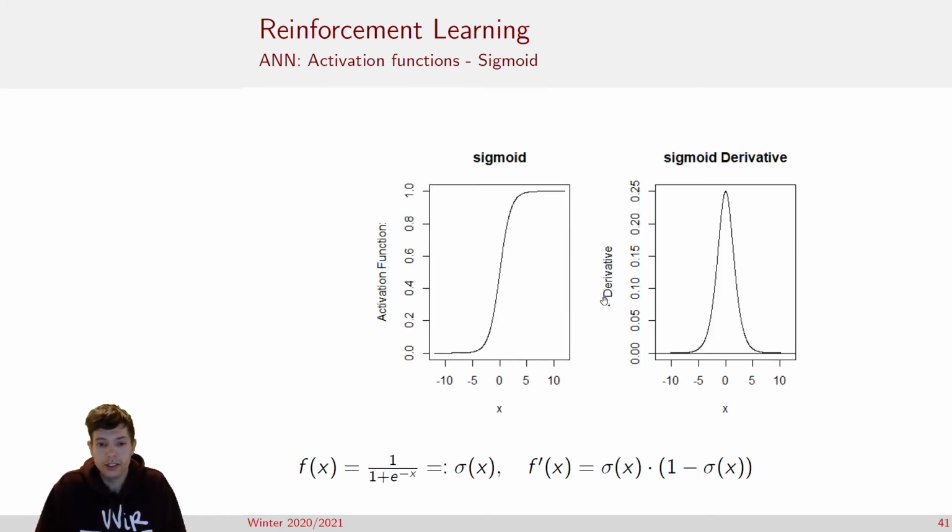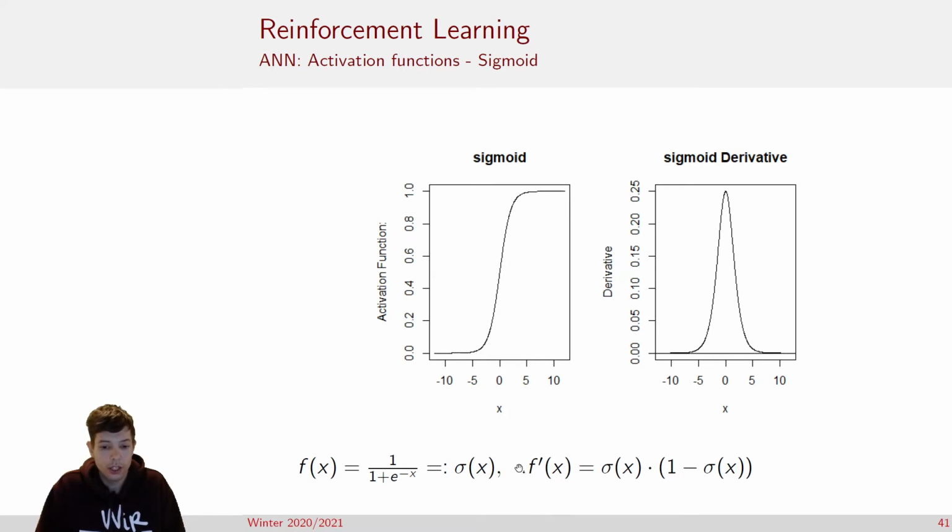One very useful case that has been used widely in the past, but nowadays isn't used that often anymore because it has its downsides as well, is the sigmoid function. So 1 divided by 1 plus e to the minus x. And remember, x is again the output of the linear regression. So this turns each neuron into a logistic regression neuron in total.